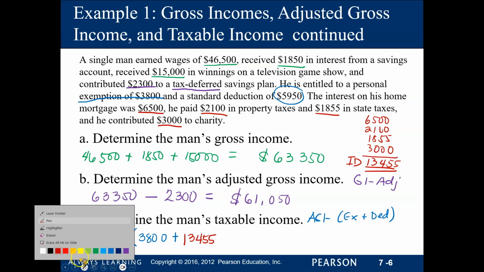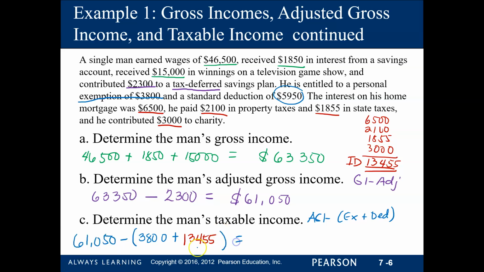Solving for the taxable income, if we type this into our calculator, our taxable income will now be 43,795. Out of the 63,000 that this person is earning, he is only subject to income tax on almost the 44,000 that he is able to earn. So that is how we determine the gross income, adjusted gross income, and the taxable income.